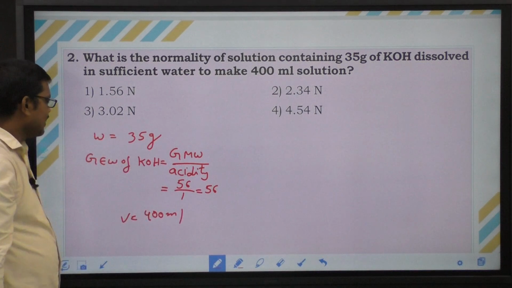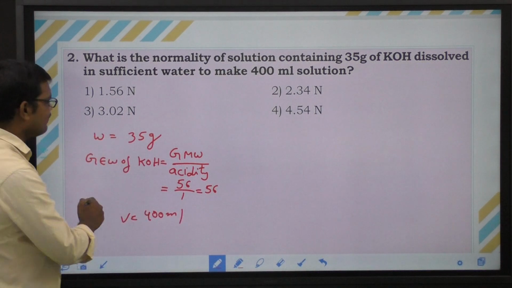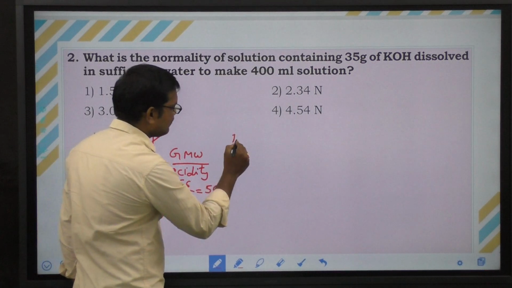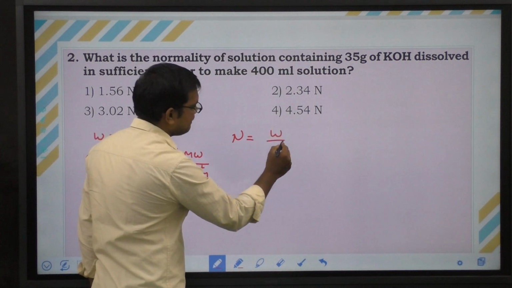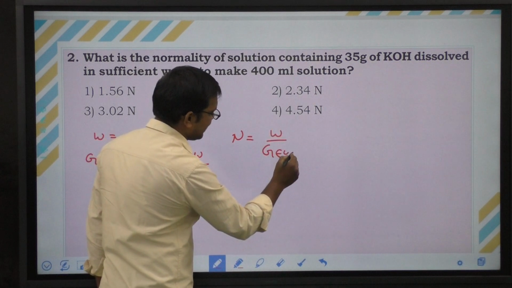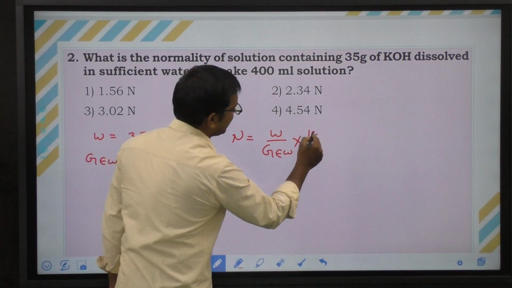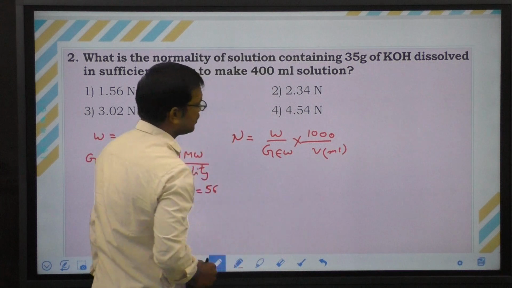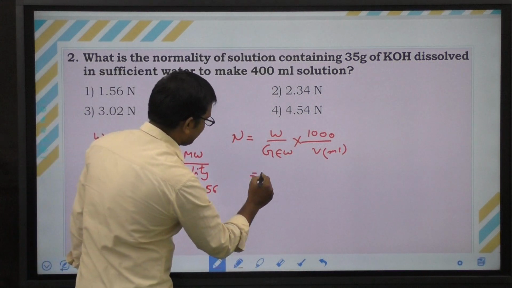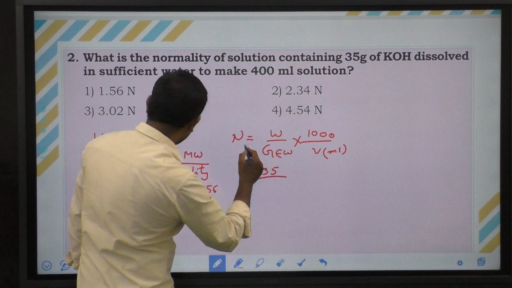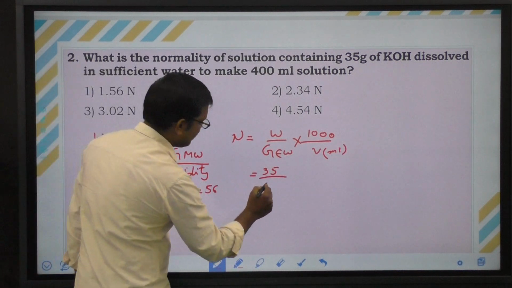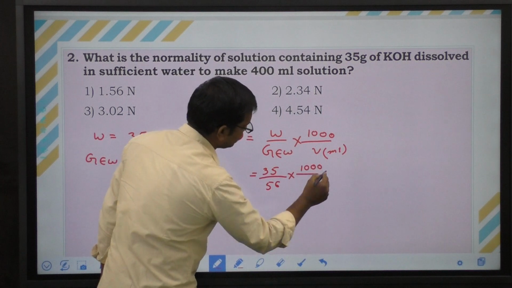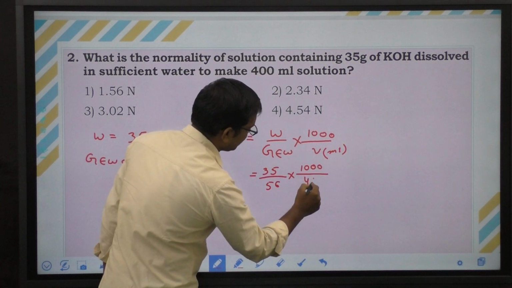You know the weight, the gram equivalent weight and the volume, so you can find the normality of the solution. Normality equals weight by gram equivalent weight into 1000 by V in ml. Weight is 35, gram equivalent weight is 56, volume is 400.